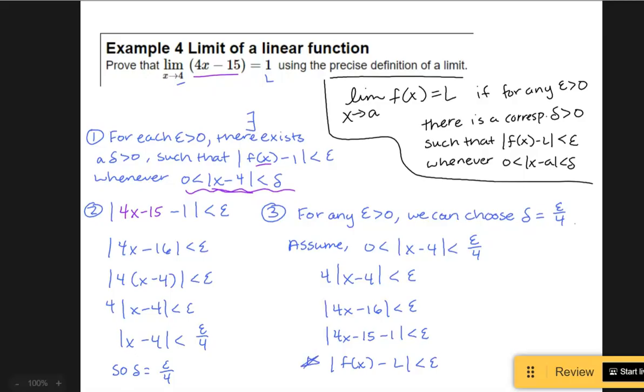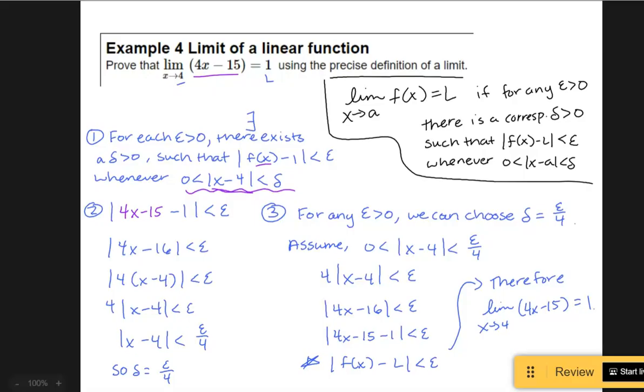And that's what we want. And then we say therefore the limit as x approaches 4 of 4x minus 5 is equal to 1.